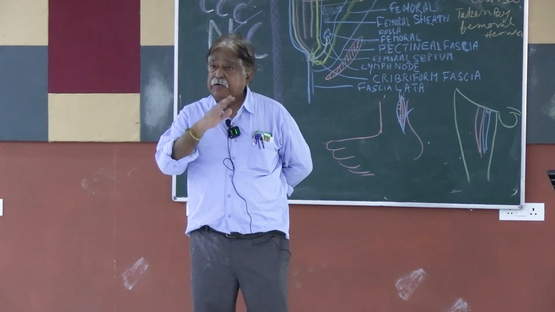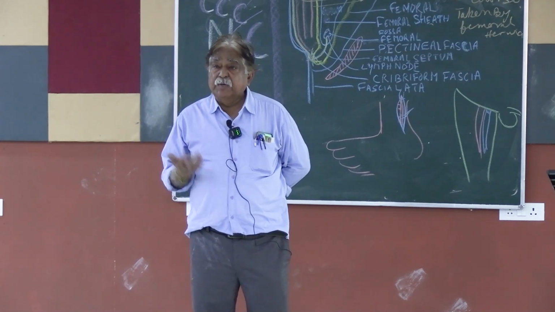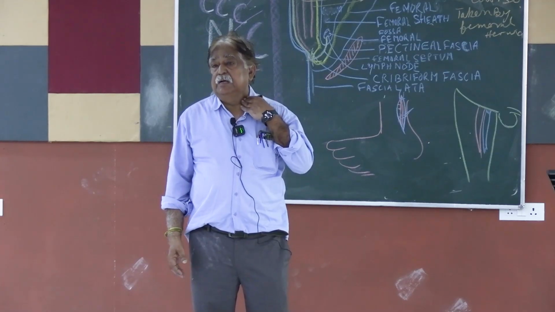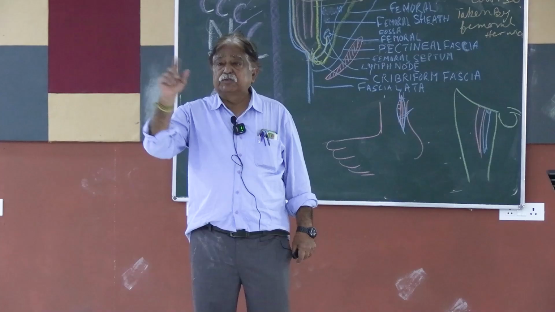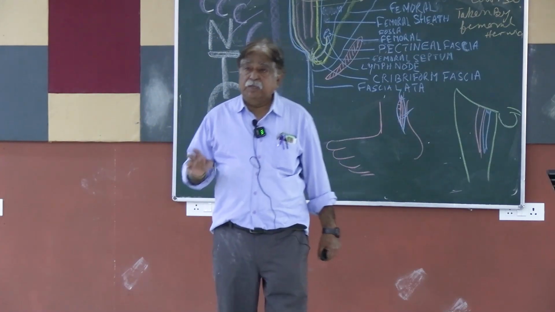It can be of any location of the human body. If you see the left cervical gland, the big one, Virchow's gland, that is owing to gastric carcinoma.